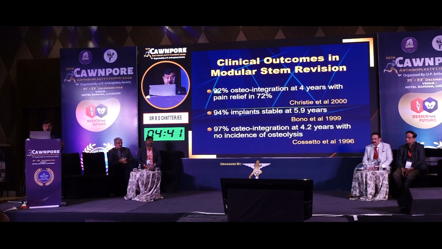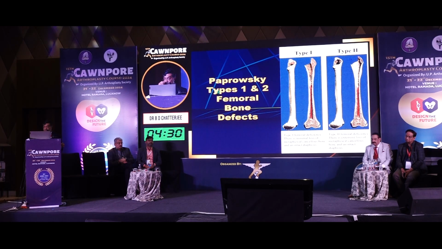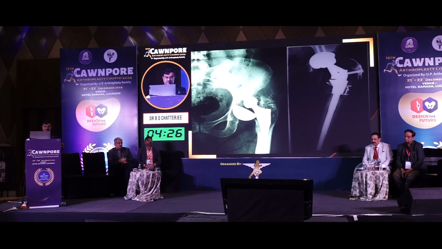Now, if you look at the literature, the clinical outcomes have been very, very encouraging. 92%, 94%, 97%, the figures speak for themselves. So if we look at the Paprosky types 1 and 2, then they're relatively easier to handle. This is an example where both the socket and the stem had to be revised because of significant osteolysis, as you can see in the Gruen zones.